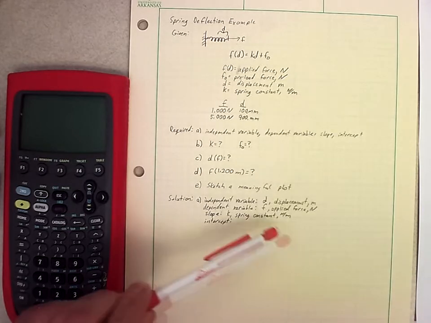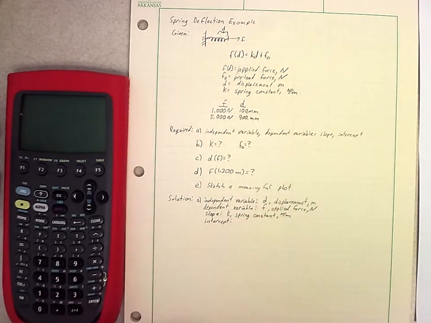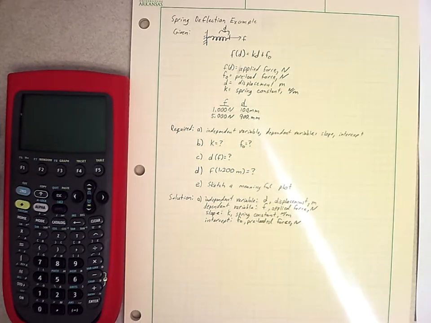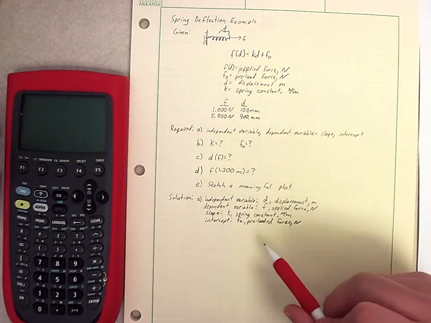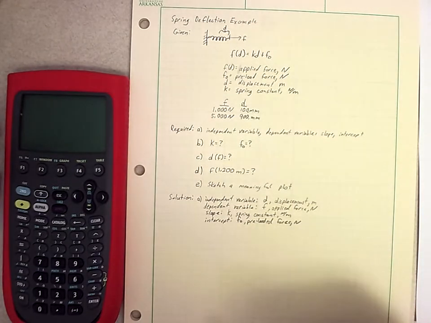So when we multiply k times d, we have to get newtons, so it must be newton per meter, which only leaves us one left, but also we know that it's the one that looks like it's out there on its own. So it is f0. So there's f0, which is our preloaded force in newtons.